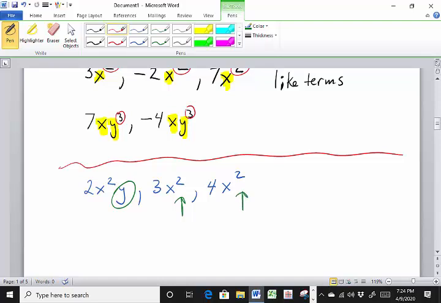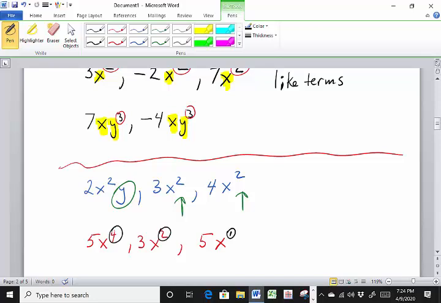Okay? Let's look at this one: 5x to the fourth power, 3x squared, and 5x. Well, these are not like, again, because the power is different on all of these variables.